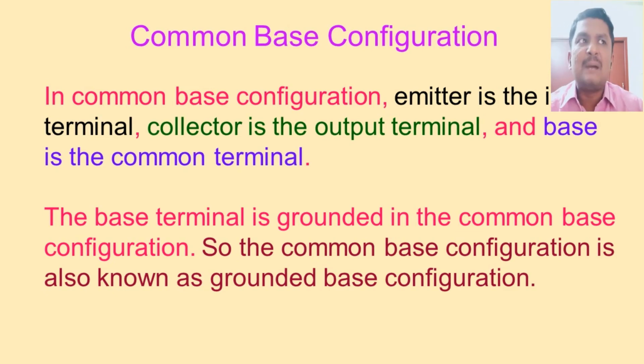First one, common base configuration. In common base configuration, emitter is the input terminal, collector is the output terminal, and base is the common terminal to both input and output. So the base terminal is grounded in common base configuration.